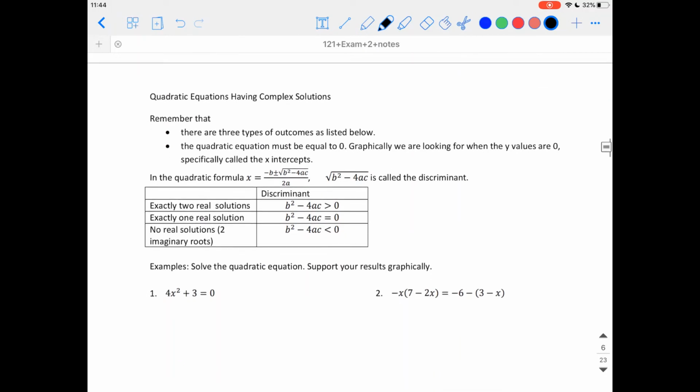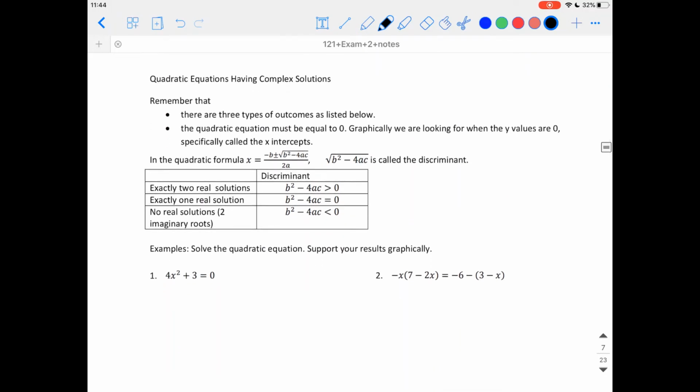Okay, quadratic equations having complex solutions. So we need to remember that there are three types of outcomes. We can have exactly two real solutions. We can have one, or we can have no real solutions, which are technically two imaginary roots.